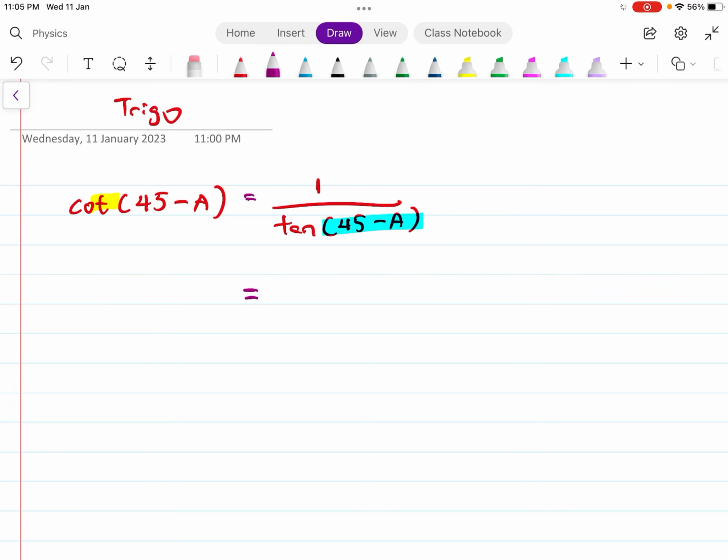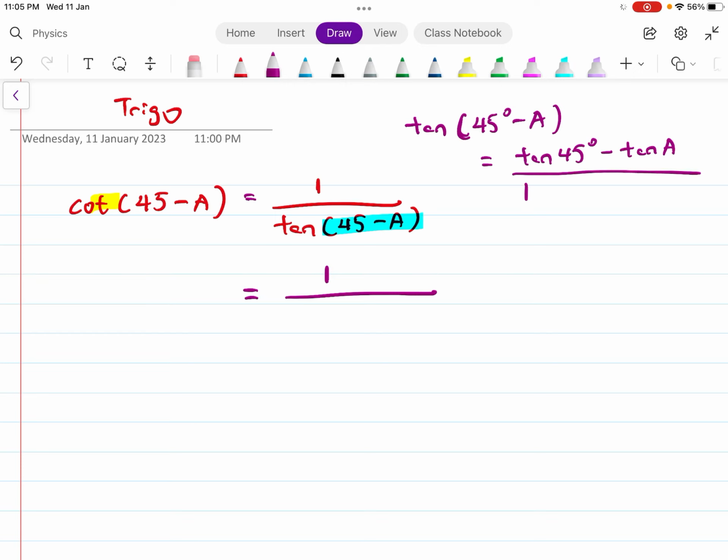So it's equal to 1 over, so we know tangent 45, right? For example, if I write here, tangent (45 minus A) is equal to tangent 45 minus tangent A, then over 1 plus. Always remember, this is minus, then this will be plus. So 1 plus tan A tan B, right?